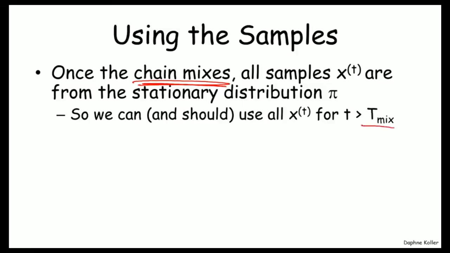So once I've determined, or believe, that I've sampled long enough for mixing, we should collect and use all of the samples. In fact, you might read some papers that say, oh, I'm only going to collect every 100th sample. There are actually papers that prove that using every single sample is better than collecting every 100th sample.